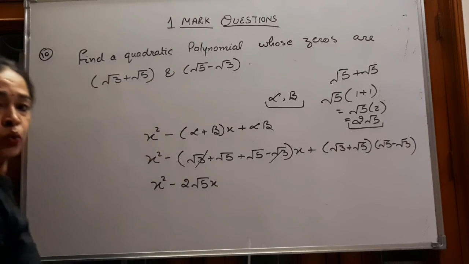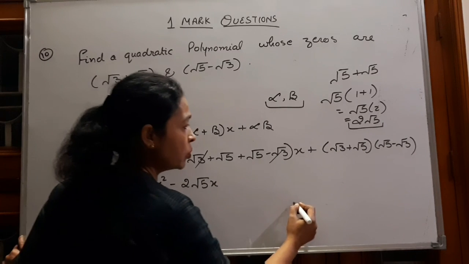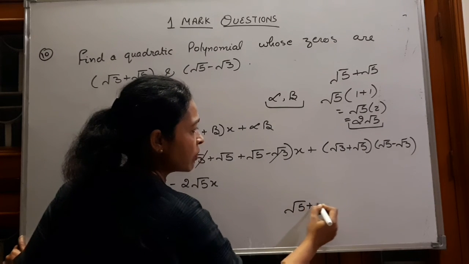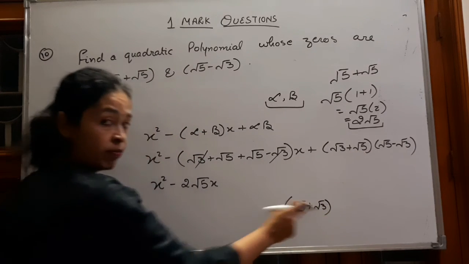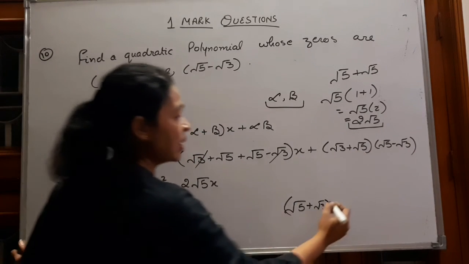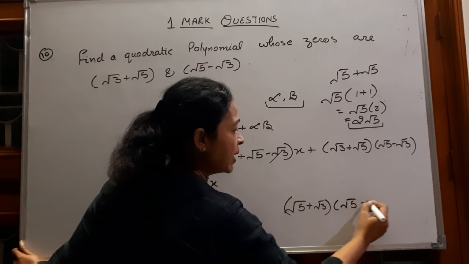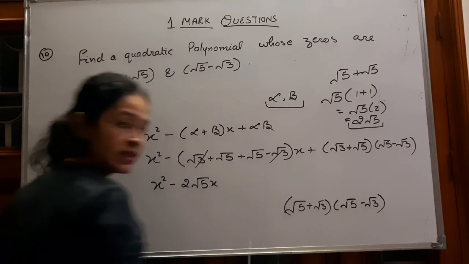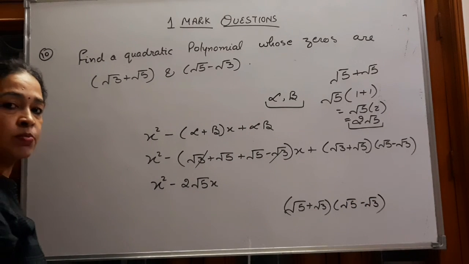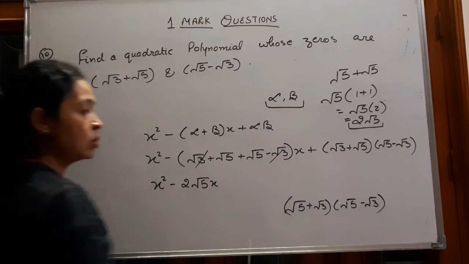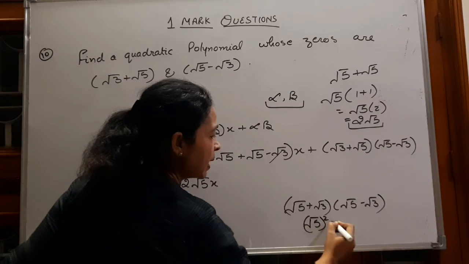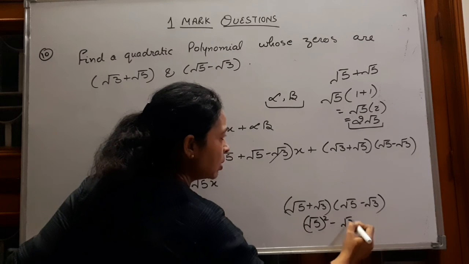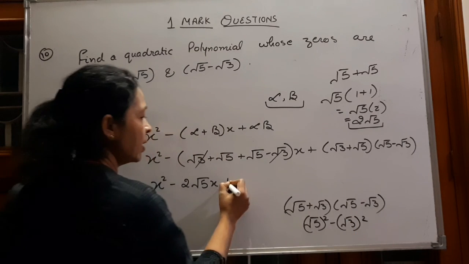Now root 3 plus root 5 into root 5 minus root 3. We can write it as root 5 plus root 3, root 3 plus root 5 or root 5 plus root 3, one and the same thing, into root 5 minus root 3. What is a plus b into a minus b? A whole square minus b whole square. We have root 5 whole square minus root 3 whole square.